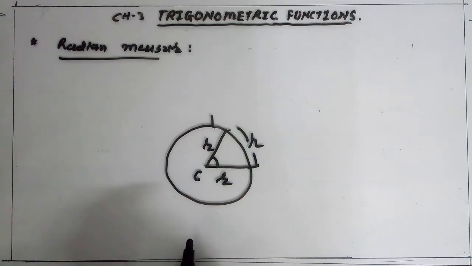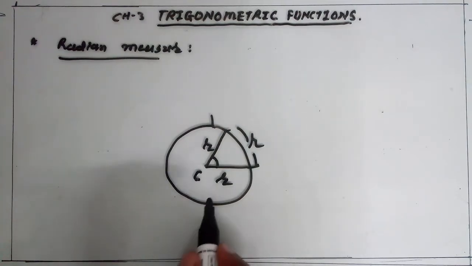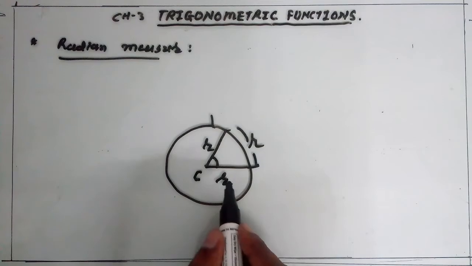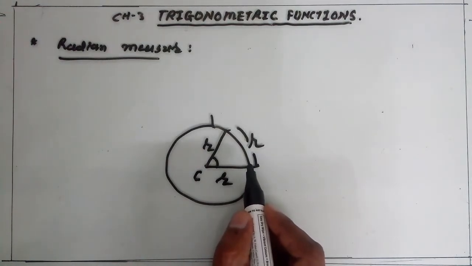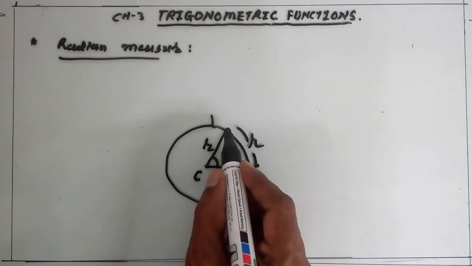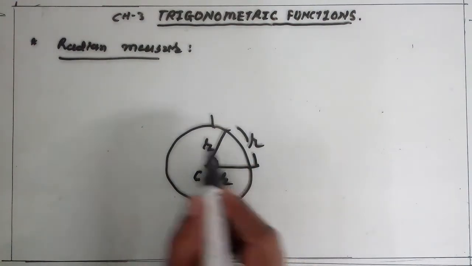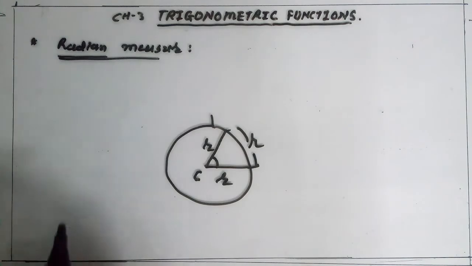Remember this definition. In a circle with center C and radius r, the measure of the angle subtended by an arc of length r is called 1 radian. Clear this?